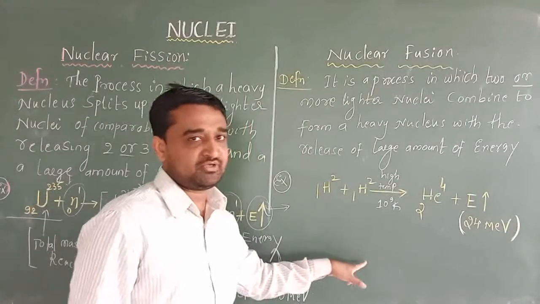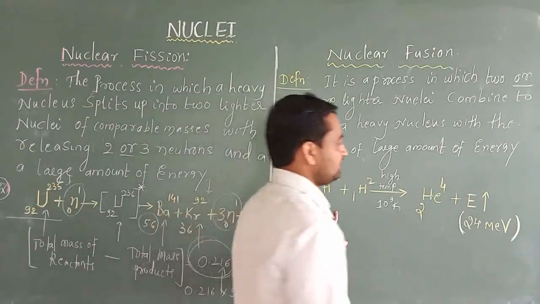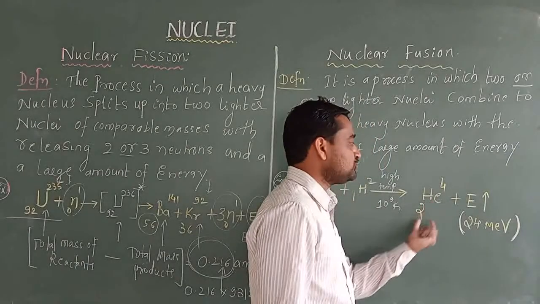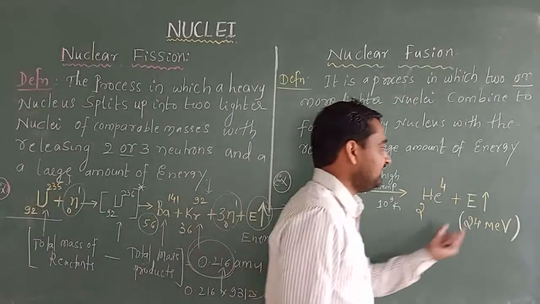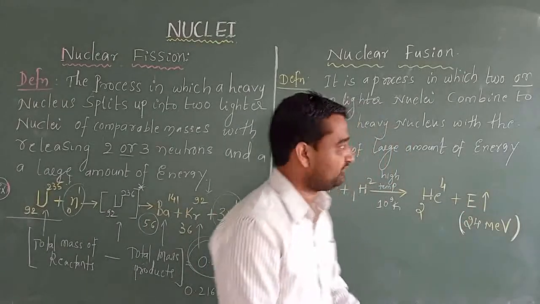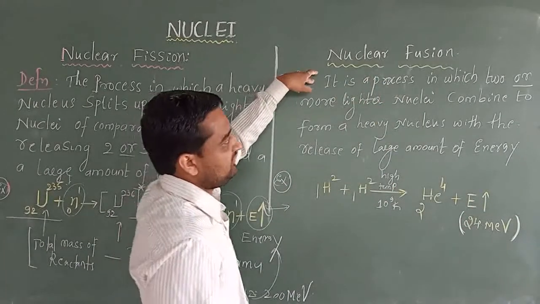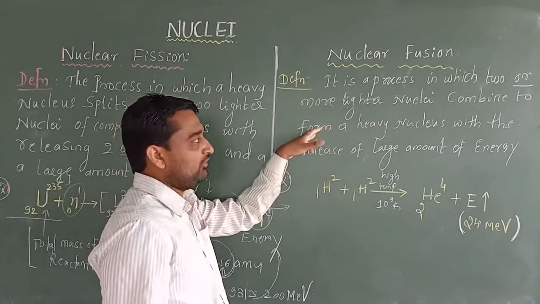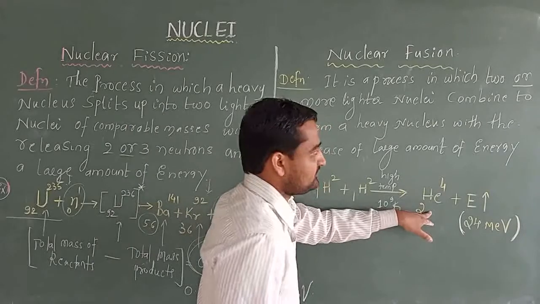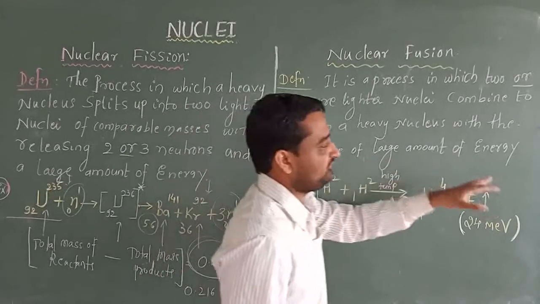Two deuteriums are combined to form helium-2,4, and again a large amount of energy is released here. This is the process in which two or more lighter nuclei combine to form a heavy nucleus with the release of a large amount of energy.